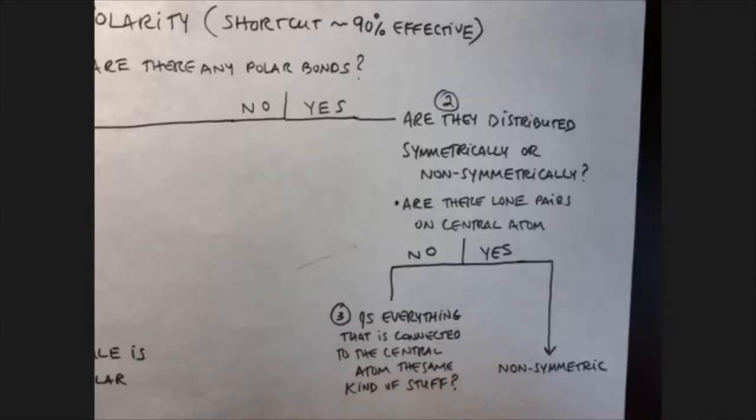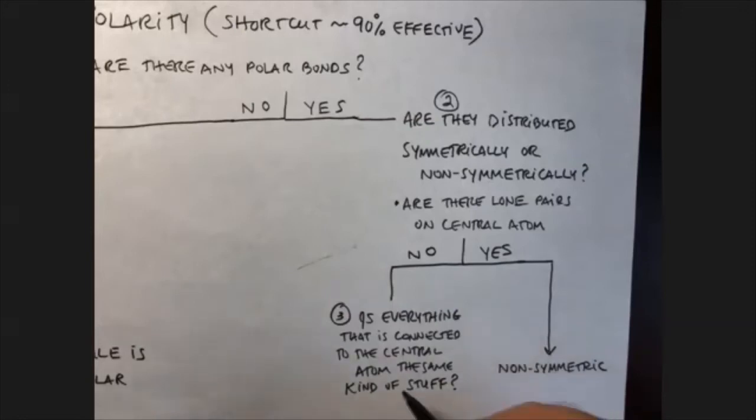In other words, let's say there's no lone pairs on the central atom. Let's say there are 3 atoms then. Are they all the same? Are they all fluorines? Are they all oxygens? You know what I'm saying? That's the whole idea here. Let's say there are 5 atoms in there. Are all 5 the same? Or is there one that is different?